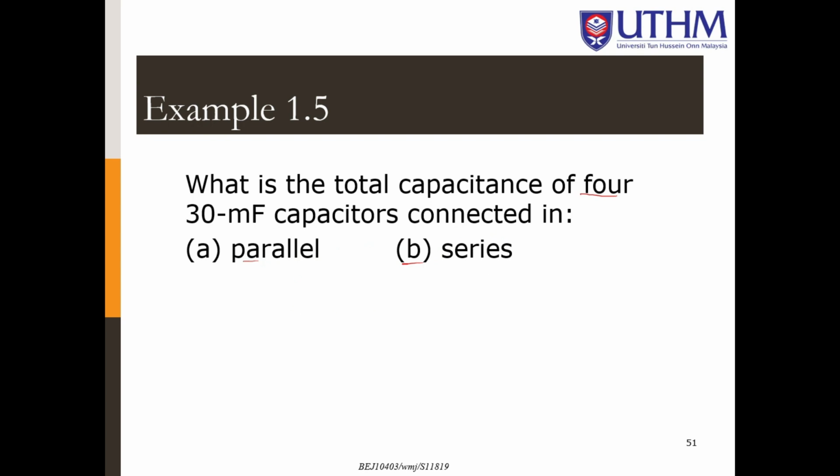For four 30 millifarad capacitors in parallel, C equivalent is just the sum of the individual capacitances, plus C4. That is 4 times 30 millifarad, which gives you 120 millifarad.